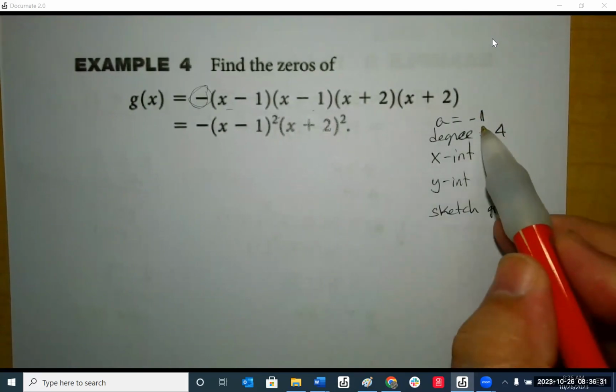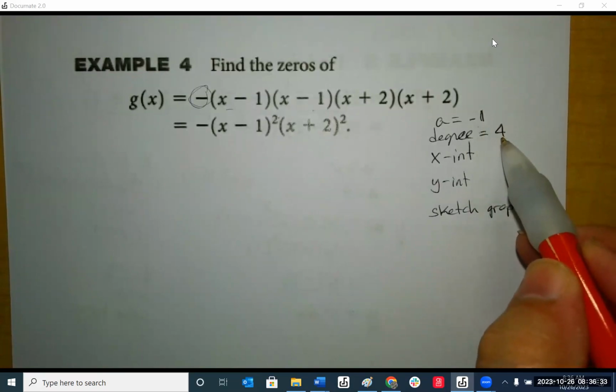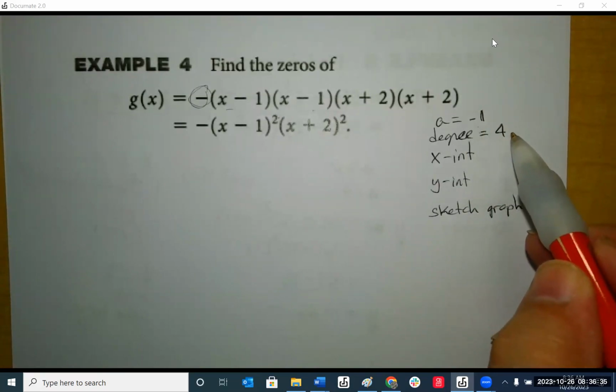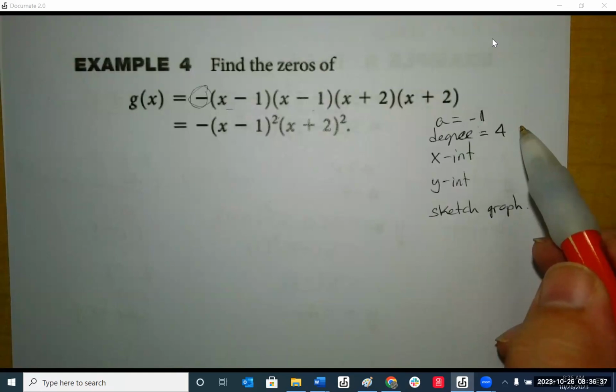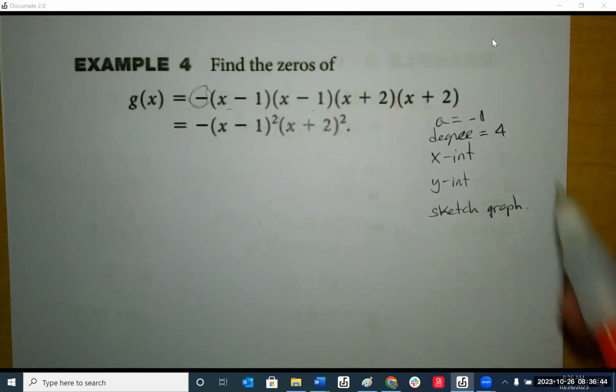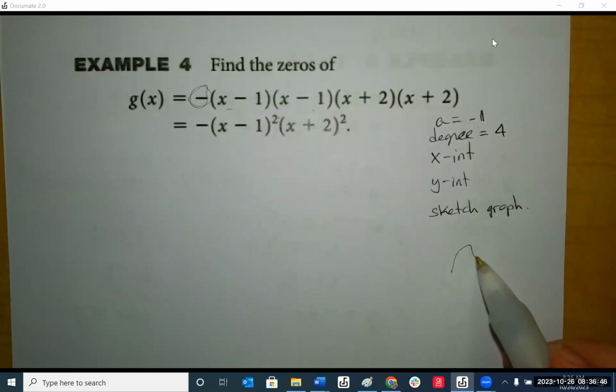So we know our A is negative and our degree is even. So what's our graph going to look like? Both ends going down. So it'll look something like this. Since it's a degree 4, we're going to have at most 3 vertices.